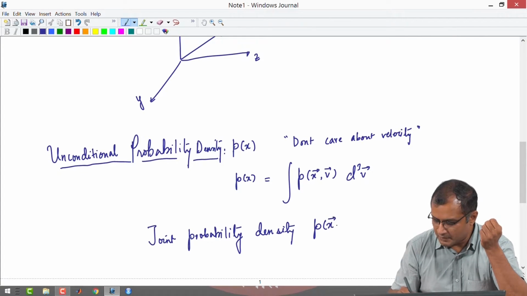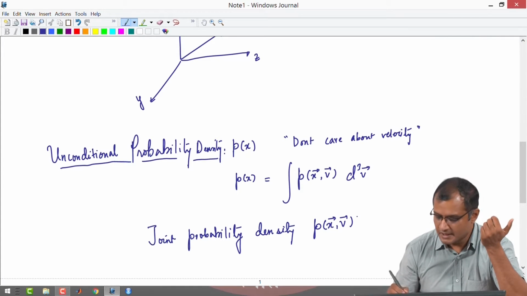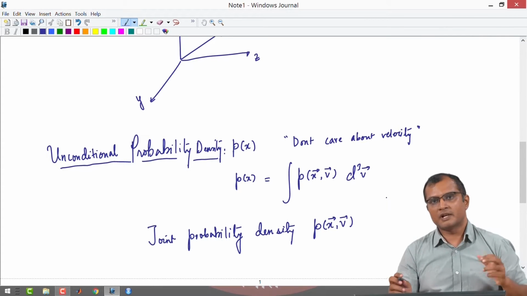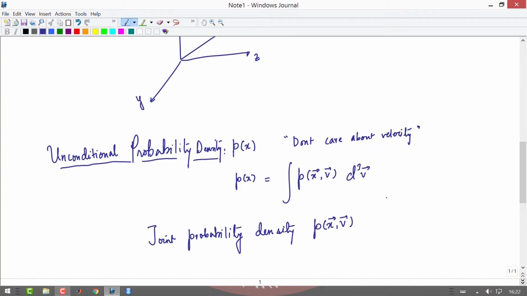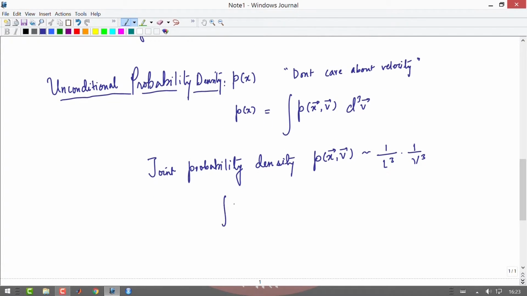I'm going to call this the joint probability density, and it has dimensions of 1 upon x cubed into 1 upon v cubed, that is, 1 upon length cubed into 1 upon velocity cubed. Because if you integrate the joint probability density over the entire phase space, what you get is the normalization, which is 1.